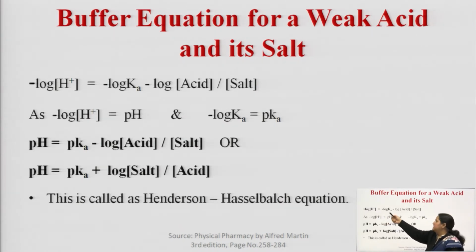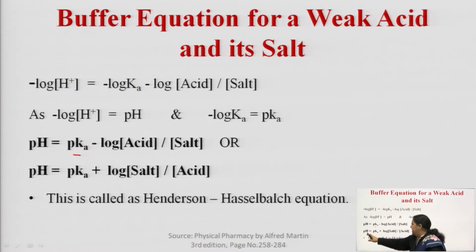So, by multiplying with negative sign on both sides, we get minus log H plus is equal to minus log Ka plus minus log acid upon salt. Minus log H plus is equal to pH and minus log Ka is equal to pKa. So, it can be written as pH is equal to pKa minus log acid upon salt, or if you want to remove this negative sign, you can invert the fraction.